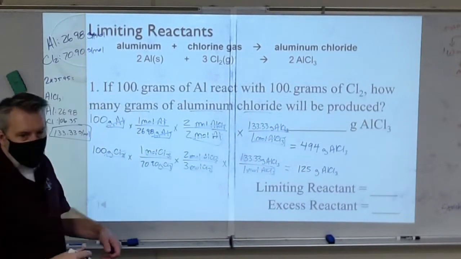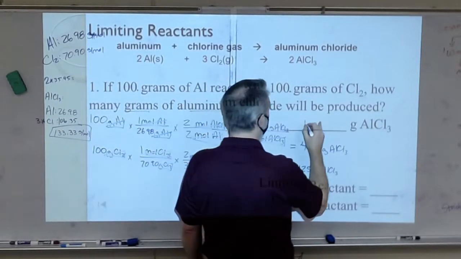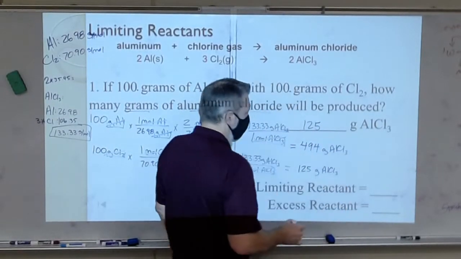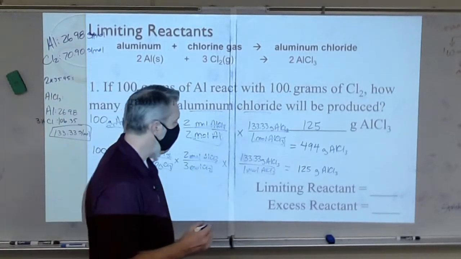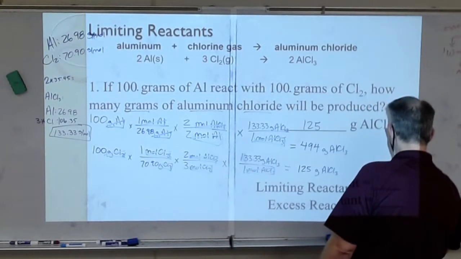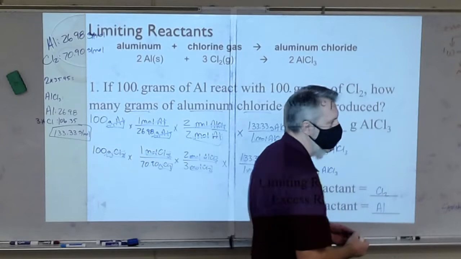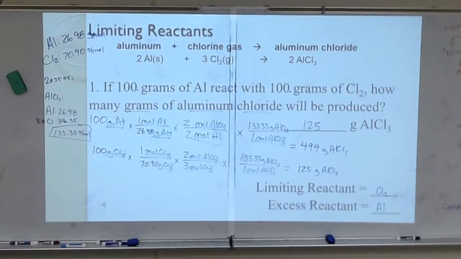So how much can we possibly make mixing 100 grams of aluminum and 100 grams of chlorine? 125. What was my limiting reactant? Chlorine was my limiting reactant. What was my excess? Aluminum. Everybody okay with that?